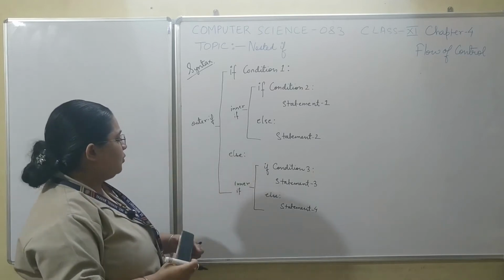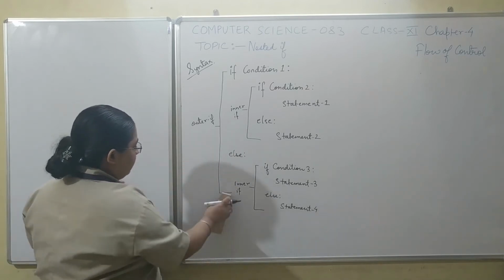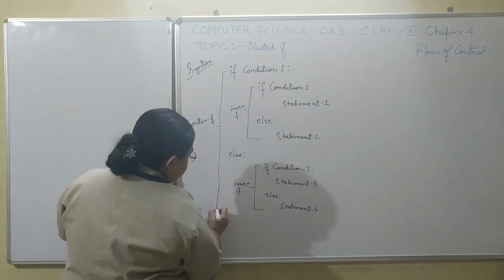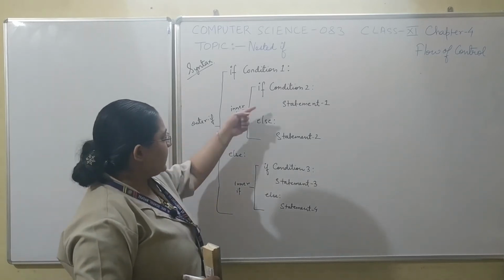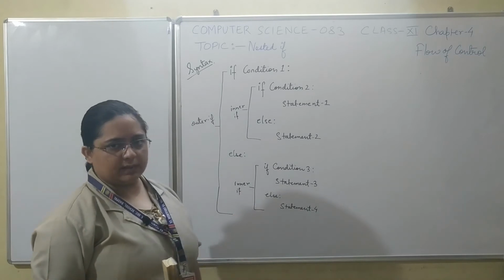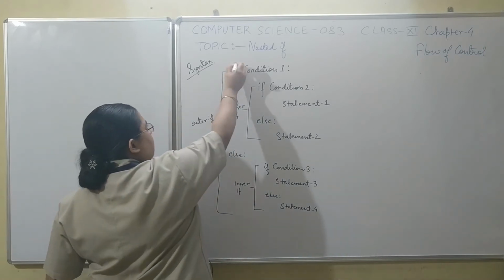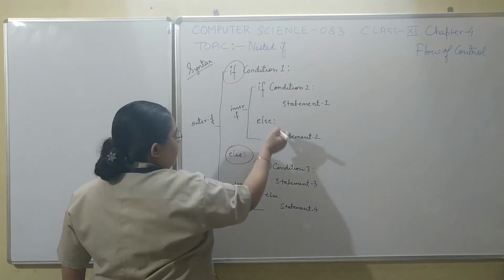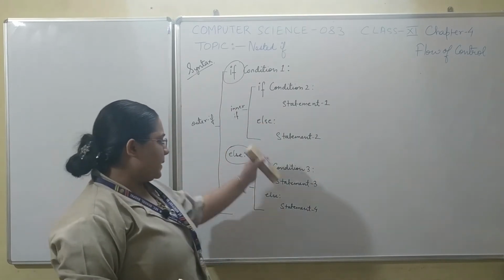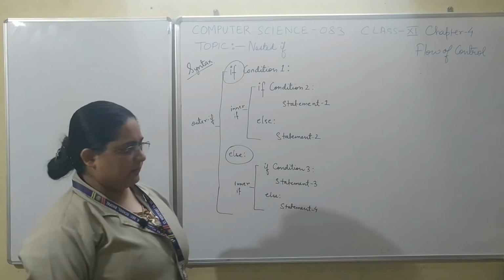So you have two inner if blocks and you have an outer if block over here. So this outer if block contains two inner if blocks. How? This is an if and this is the else. So the if part also contains an if block and the else part also contains an if block.